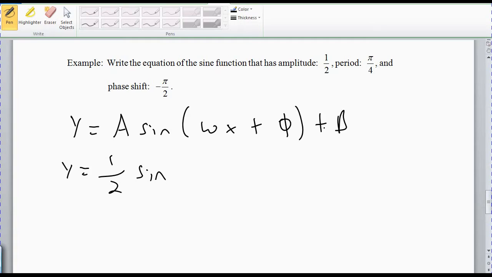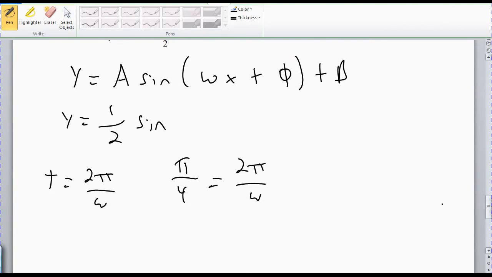Now the period is pi fourths, so the formula we use for that is 2 pi over omega. Since we're given T, which is our period, pi fourths, we now have pi fourths equals 2 pi over omega.